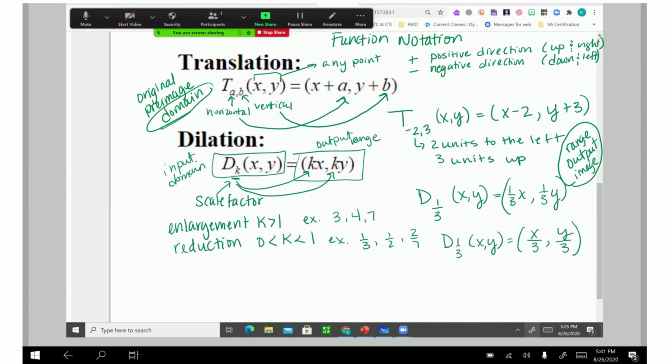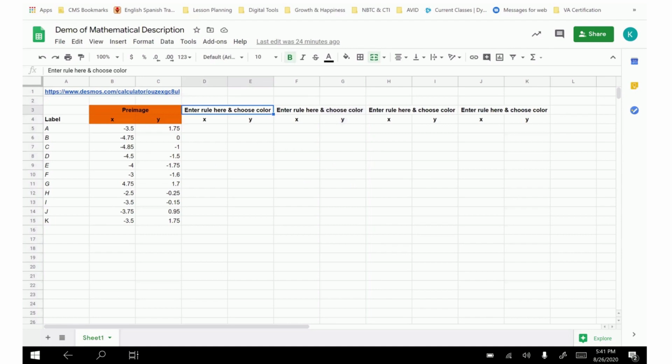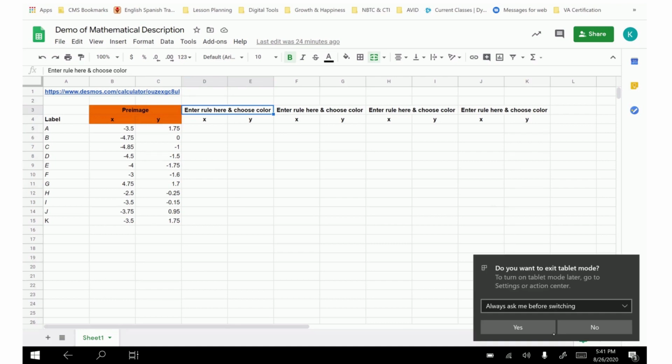Okay, so we have chosen our function rule, and now we're ready to type it into our spreadsheet. So let's go to our spreadsheet and type these function rules in. I said I was moving 2 units to the left and 3 units up. I can't do a subscript, so I'm just going to type T in parentheses, -2, comma 3.